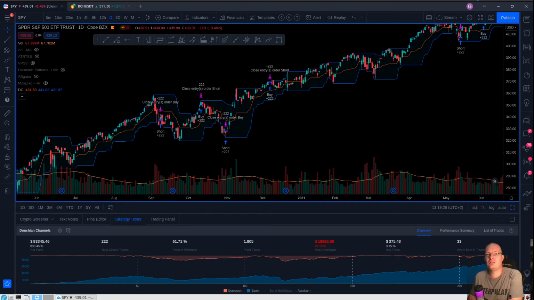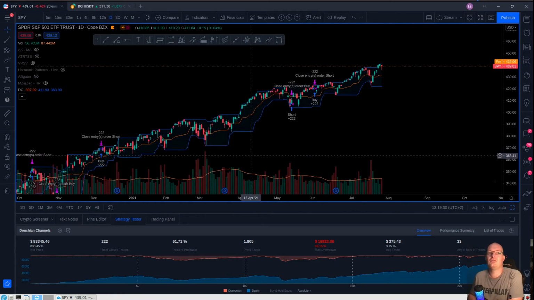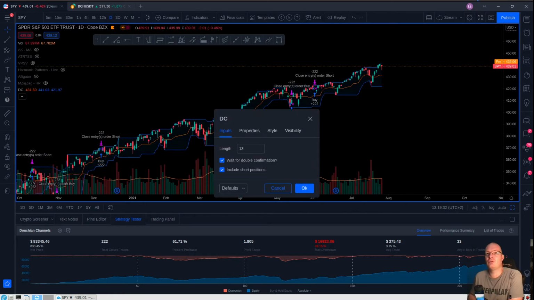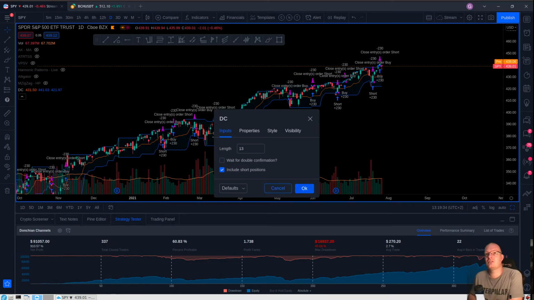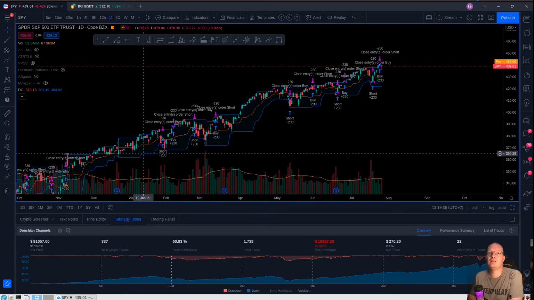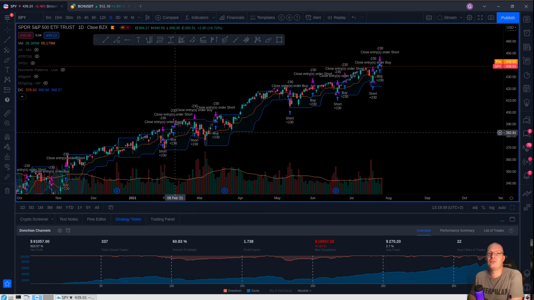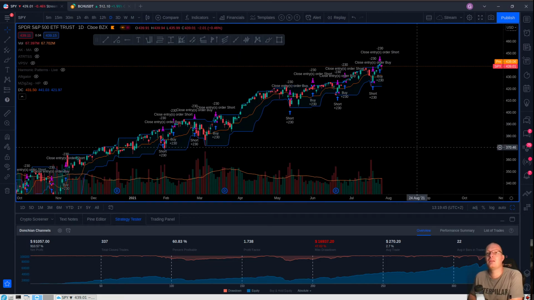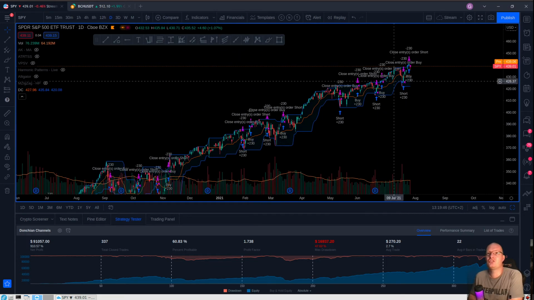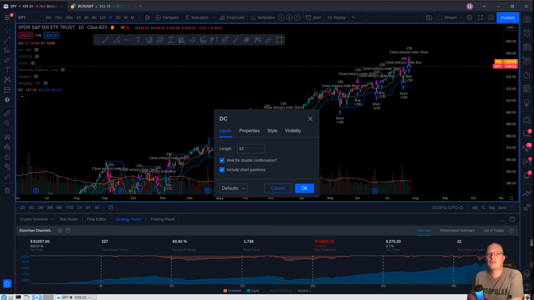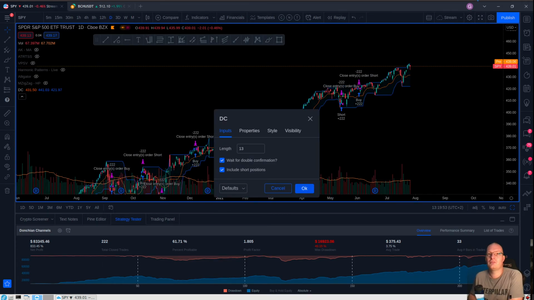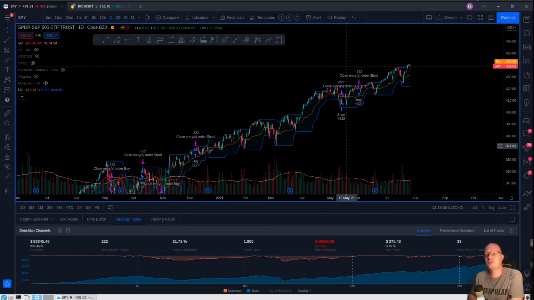And also from a psychological point of view, if you have to swallow all those losses you have on the way up, you know, every few days, you have to change your position from long to short. So yeah, it's a bit choppy this way. So we keep the double confirmation in this case.